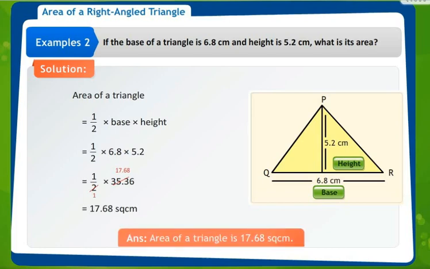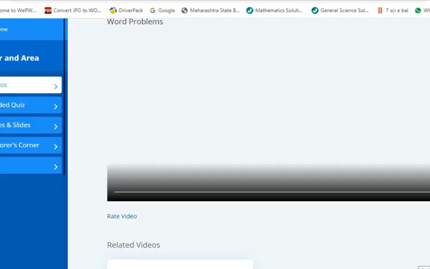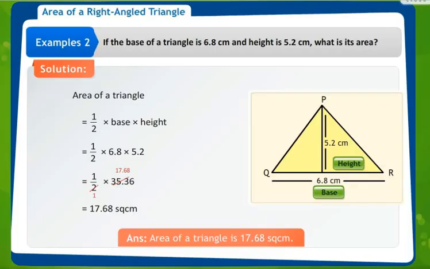Since the units are given in centimeter, the area of the triangle will be in square centimeter.